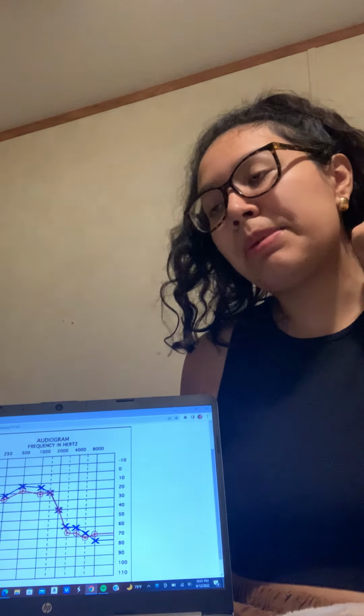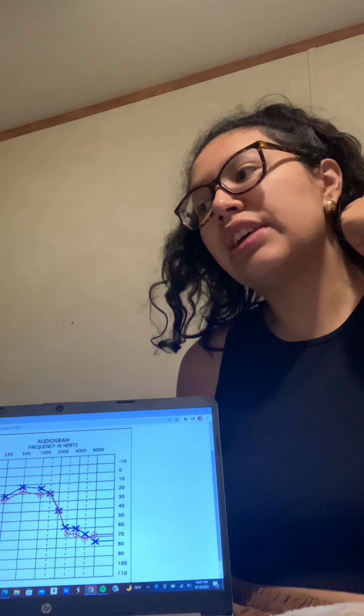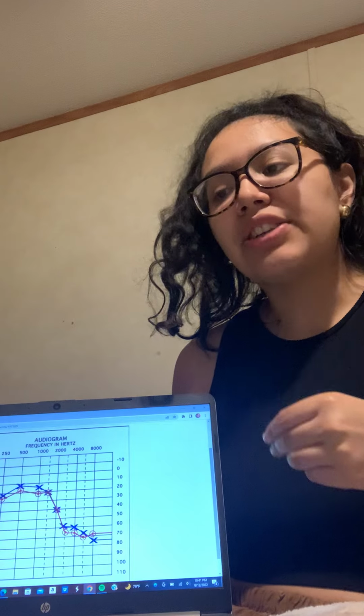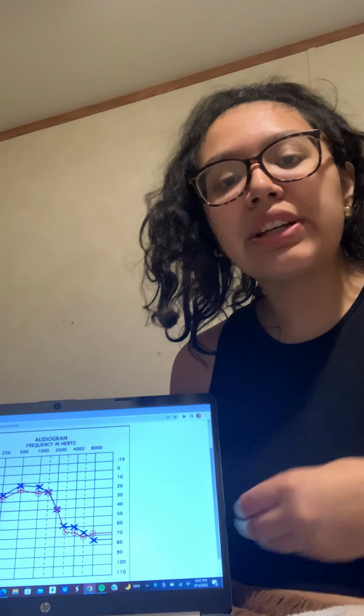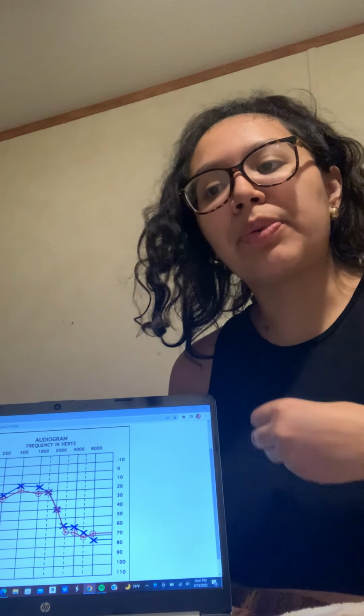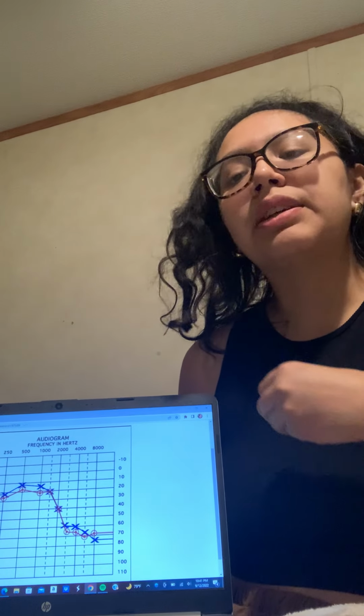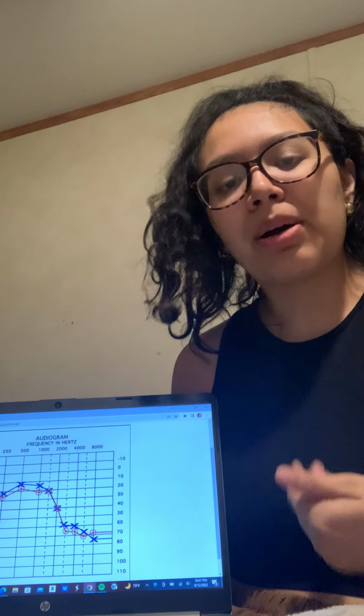One of those two is going to be impacted. The brainstem sends electrical sound waves to the brain to be processed. So it's either in the cochlea or in the brainstem where we're seeing some processing problems, sound just not being sent the way that it typically would.